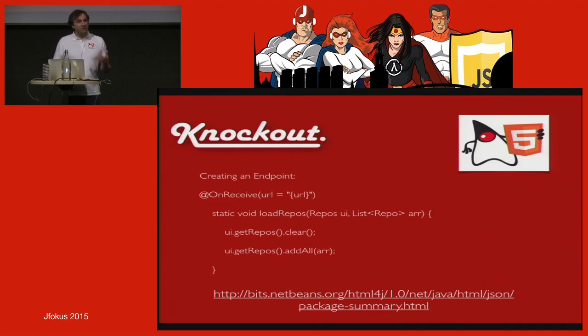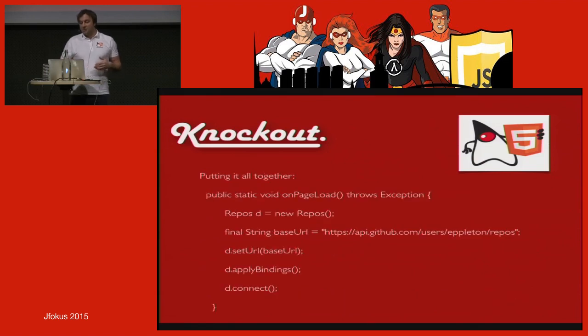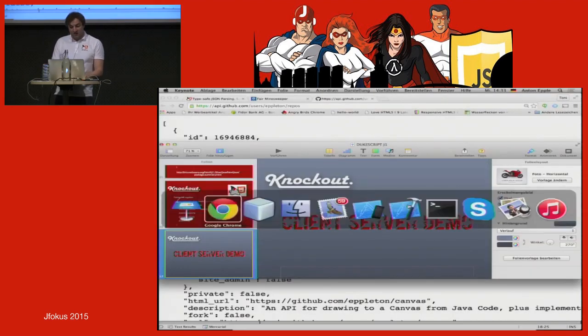And if I connect to this REST service, this endpoint will be called, and I will get the information and will be able to add these deserialized repositories in there. So what I need is a connect method that will load our data. To put this all together, I create a new model object, I create a URL and set it on the model, do an apply bindings, and connect. And then we can immediately read the data.